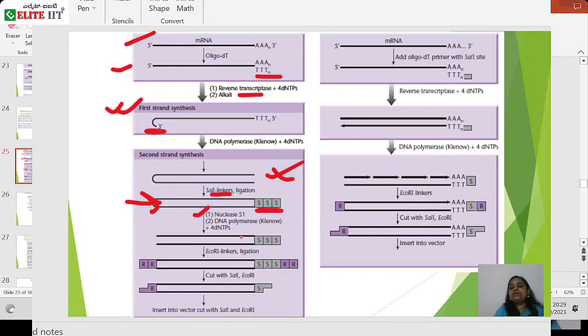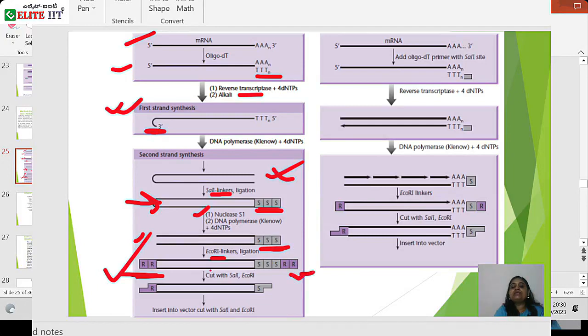Now on the right side you have that SalI restriction endonuclease site. Again you have to add EcoR1 linkers, that means some sequence where the EcoR1 restriction site is present, at the opposite side. In this case both sides are added, left side as well as right side.